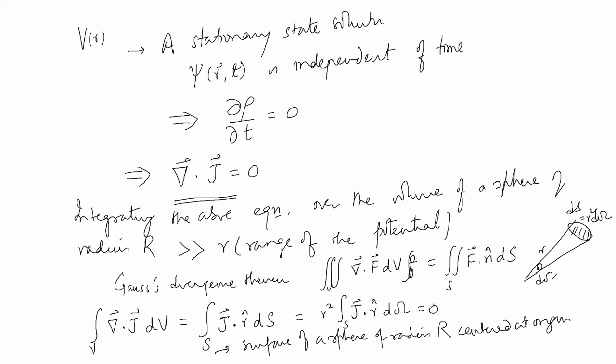Therefore, basically we are talking about the conservation of particle number. N number of particles are coming, and when you place some target material, among those n particles, a few will get scattered, and therefore the amplitude in the forward direction will be modified.